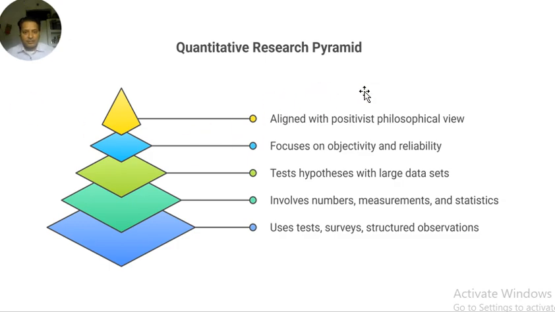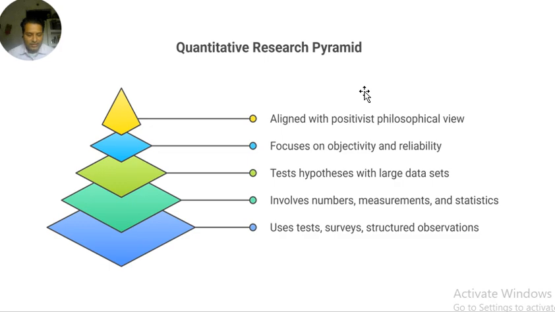Now, this slide is about the quantitative research pyramid. Quantitative research deals with numbers, data, and measurements. It is used when researchers want to test an idea or theory using facts and figures. For example, in geometry teaching, researchers might give a test before and after trying new teaching strategies and compare the results.